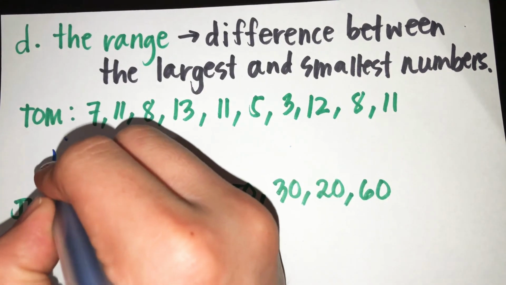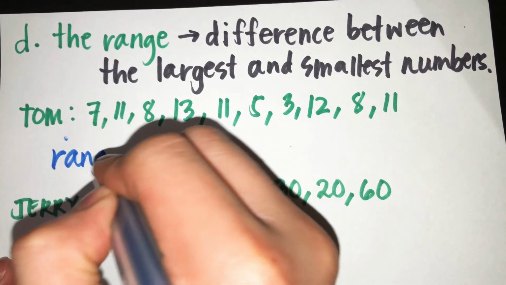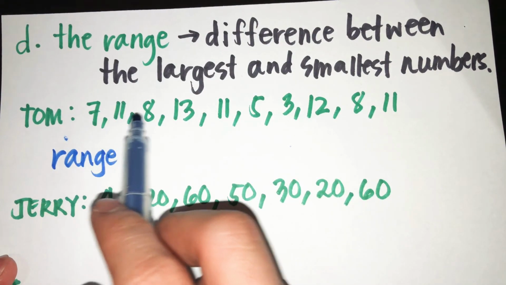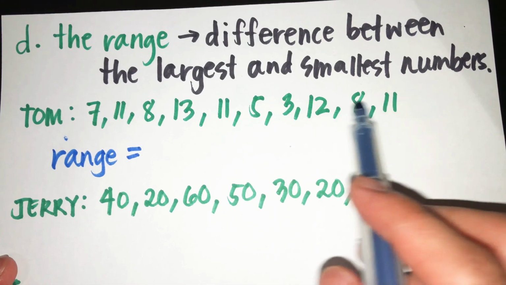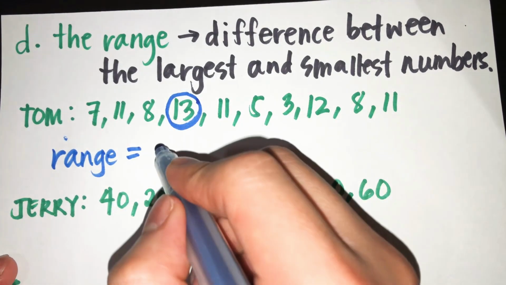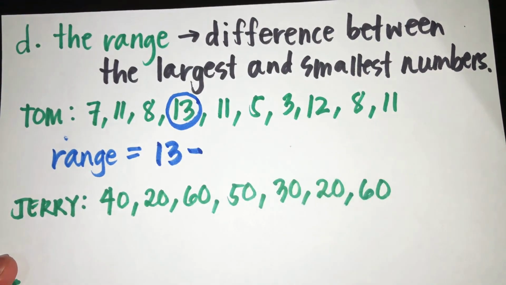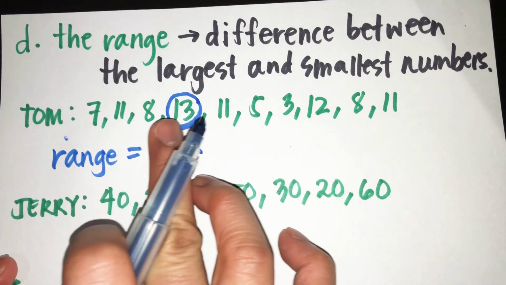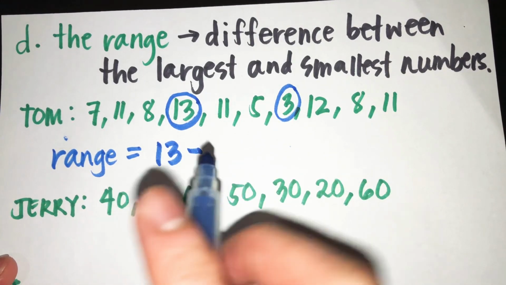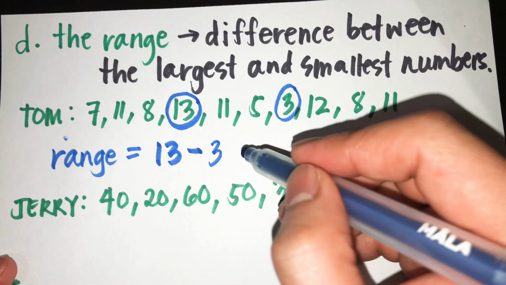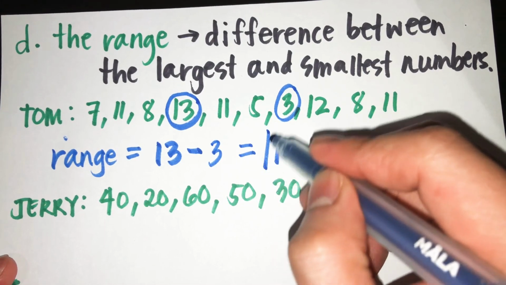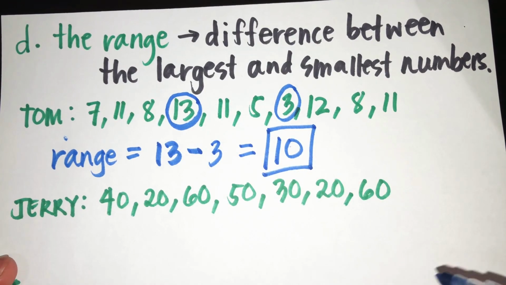So the range now is equal to, first let's get the largest number. In this case, the largest number is 13. So we have 13 minus, then the smallest value is 3. So we have 13 minus 3 is equal to 10. So the range is 10.